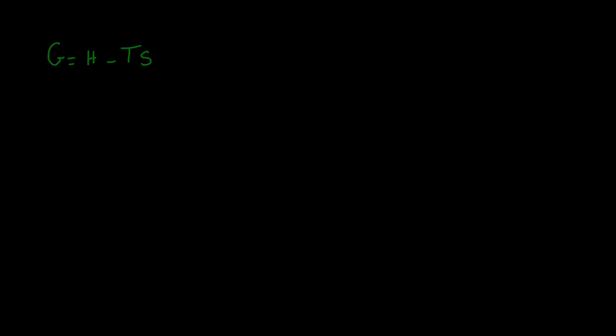But we usually use the change of Gibbs free energy to discuss if a reaction is spontaneous or not. So I write delta G is equal to delta H minus T delta S.